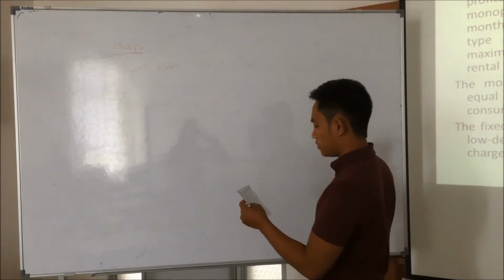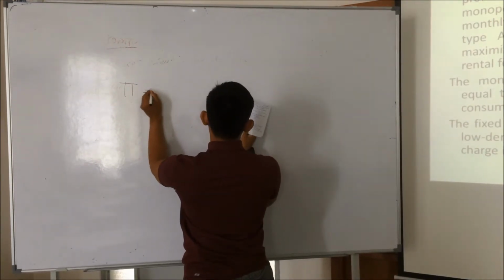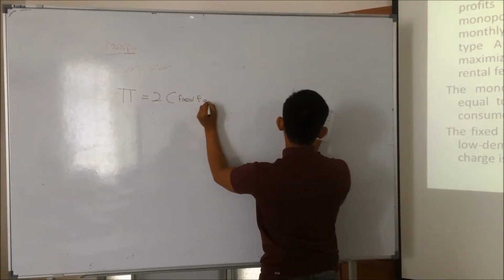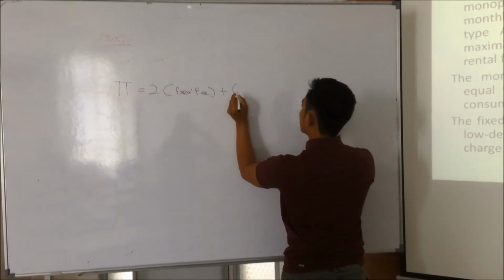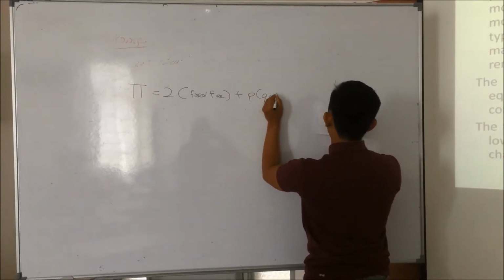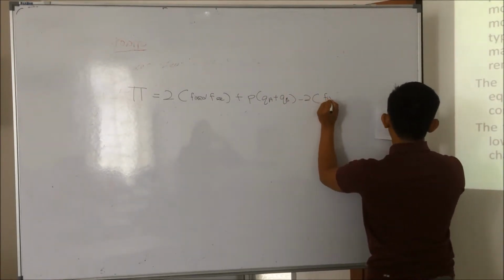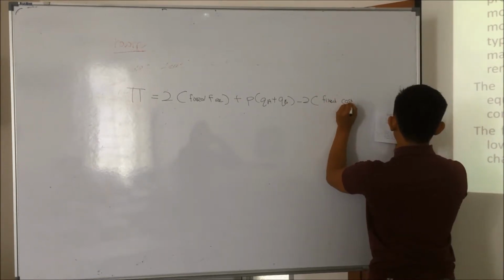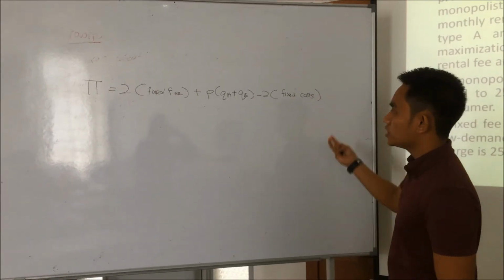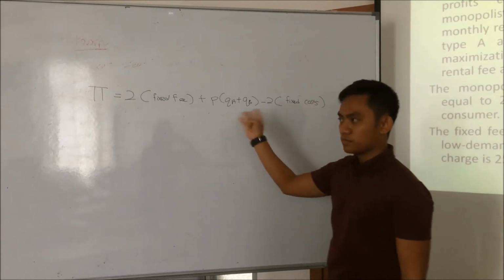This is the formula for this question. Wait, I will write it for you. Profit equals 2 fixed fee plus P(QA plus QB) minus 2 fixed cost. This is the formula. We just put the information into this formula.